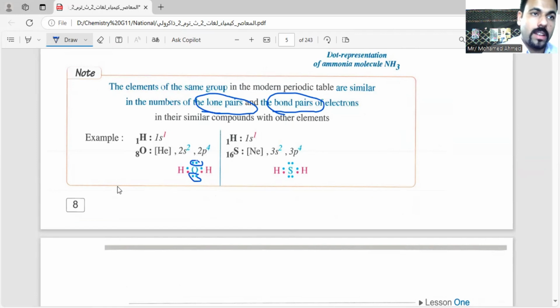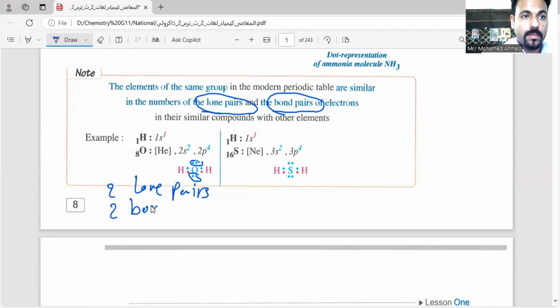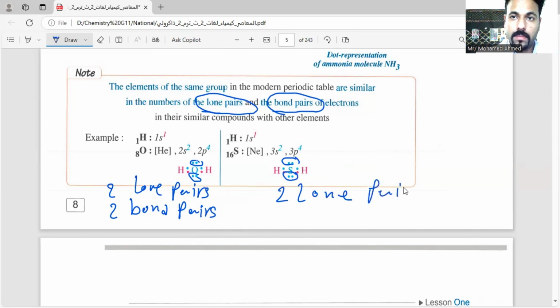So oxygen here has two lone pairs and two bond pairs. What about sulfur here? The same, because they are in the same group. So lone pair and another lone pair. So here we have two lone pairs. And here we have one and two, so two bond pairs.